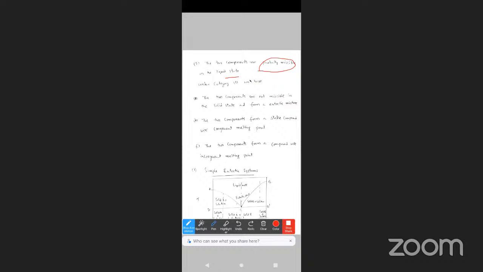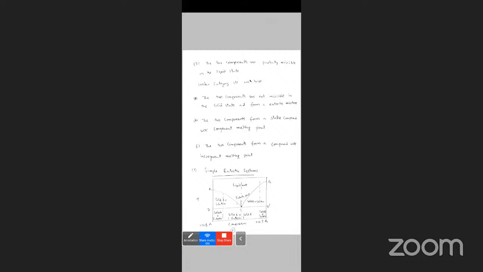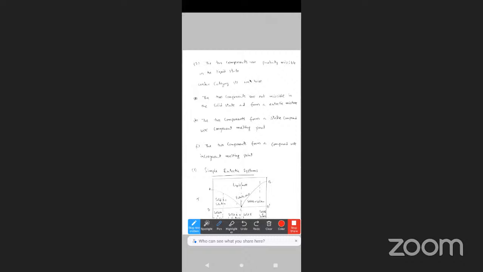And in the first category, we have again types. One is the 2 components are not miscible in the solid state and form a eutectic mixture. And the second one is the 2 components form a stable compound with a congruent melting point.